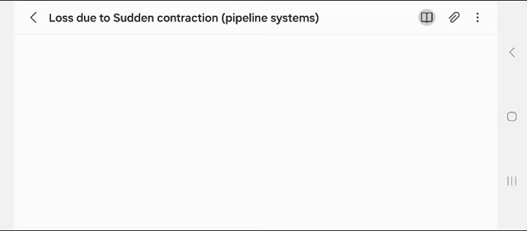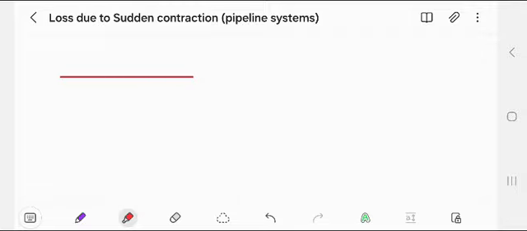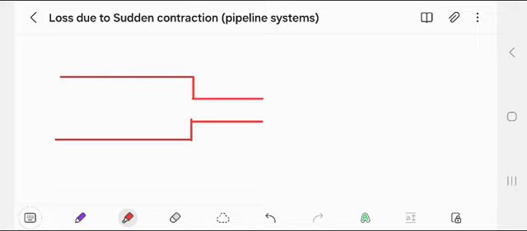So, the sudden loss. We have a pipe here, we'll say this is a pipe. Then the pipe suddenly constructs.